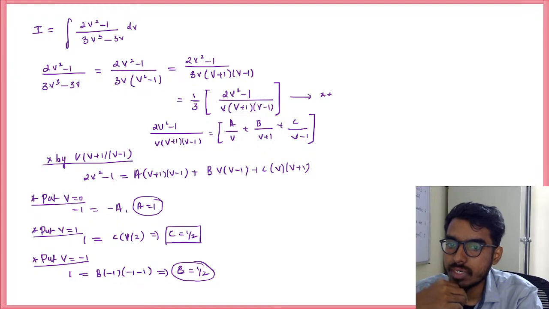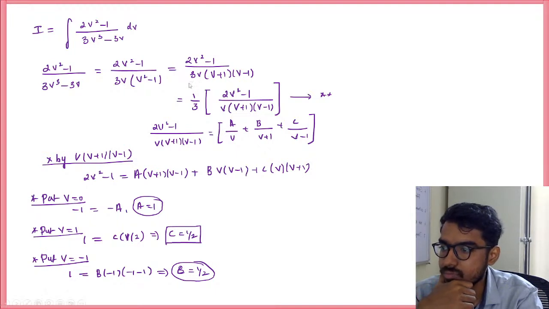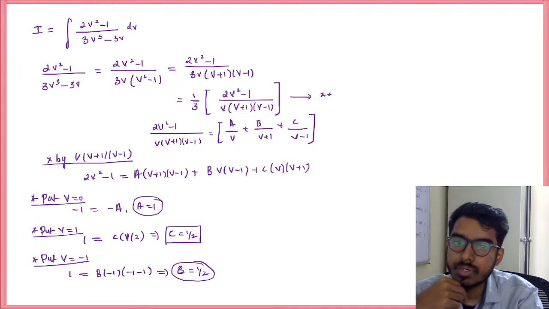v² − v. Take 3v common. So we have a equal to 1, b equal to, put v equal to 1, this will be 1 is equal to 2c.